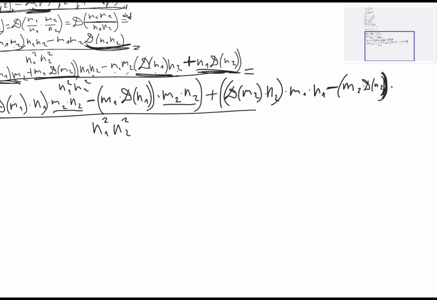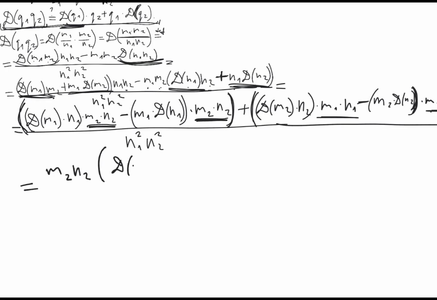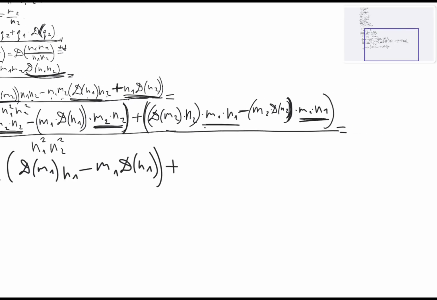So this can be rewritten as: in the first brackets we move the common multiplier outside, so we write m2 n2, here d of m1 n1 minus m1 d of n1, plus here the common multiplier outside of the brackets, and in brackets we have d of m2 n2 minus m2 d of n2.